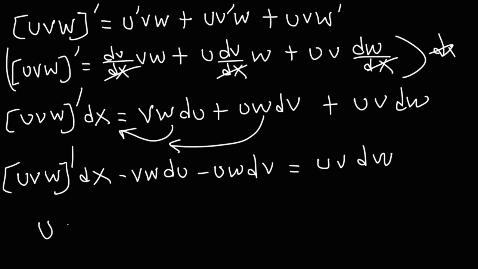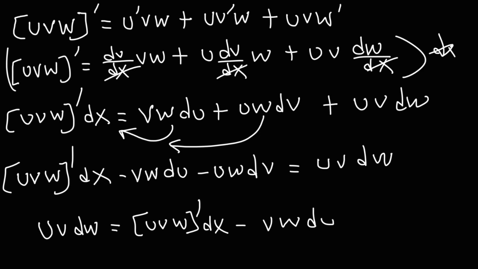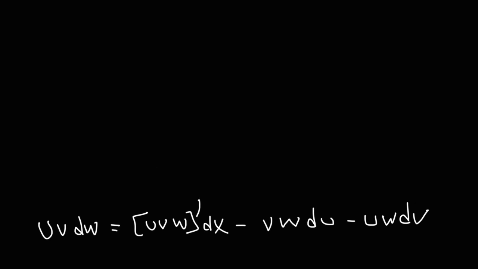So we're going to have u v dw is equal to u v w prime times dx minus v w du minus u w dv. Now we're going to integrate both sides of the equation.